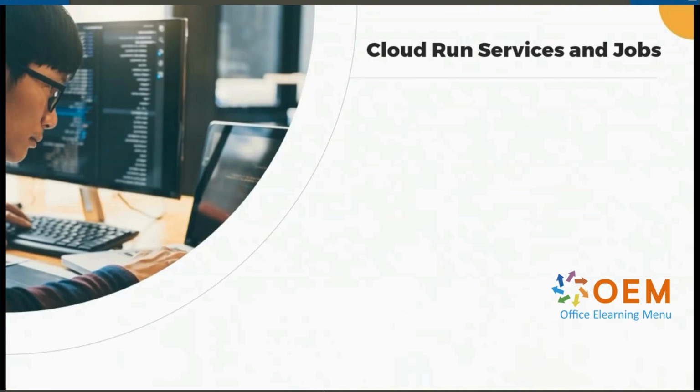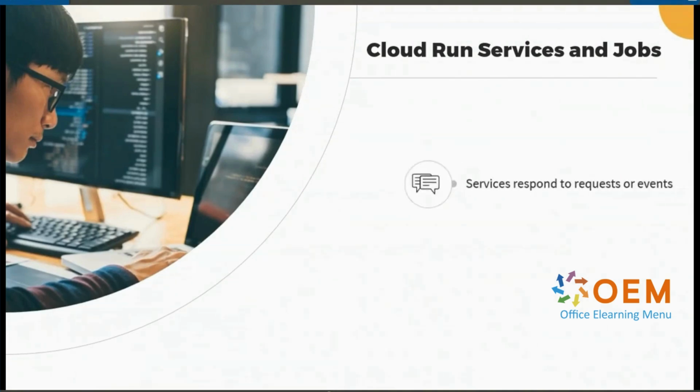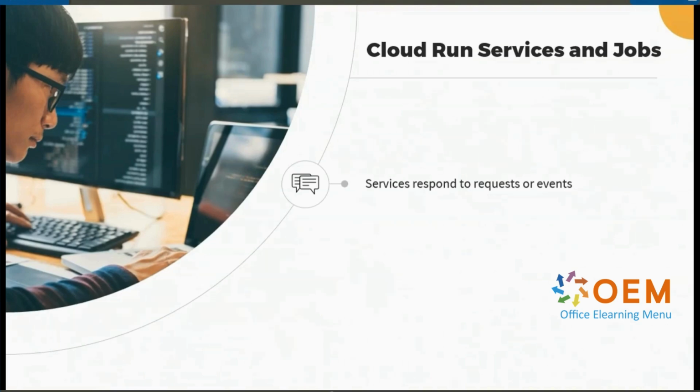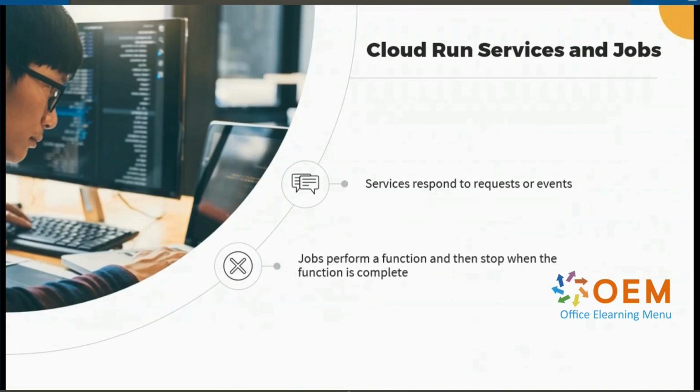Cloud Run offers two primary capabilities: services and jobs. Cloud Run services are designed to respond to requests or events, making them ideal for API endpoints, web applications, and background processing tasks that need to scale on demand. Cloud Run jobs, on the other hand, are perfect for tasks that have a defined beginning and end.